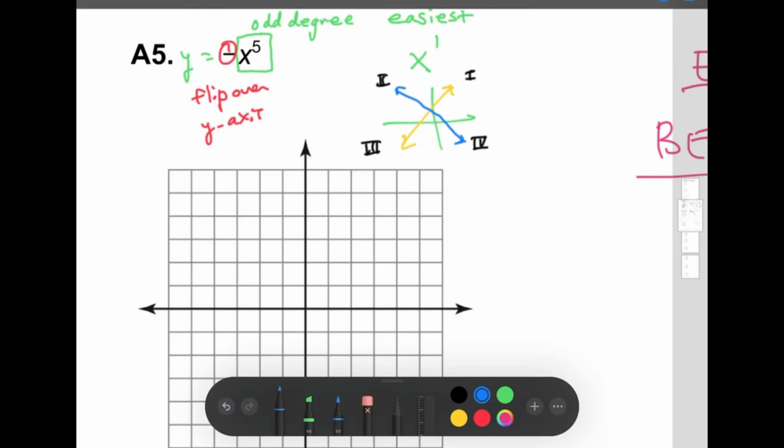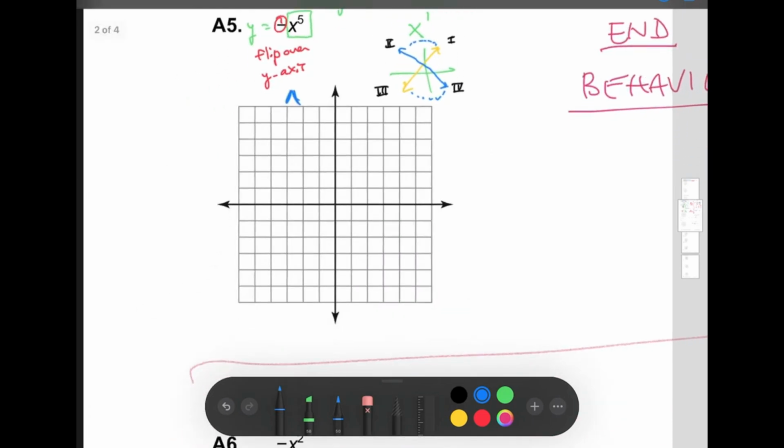Okay? This arrow here went over there, and this arrow goes that way. Okay? So the blue, we're going to have something that looks like this. Okay? You can just make a quick sketch. It's going to go through the origin.